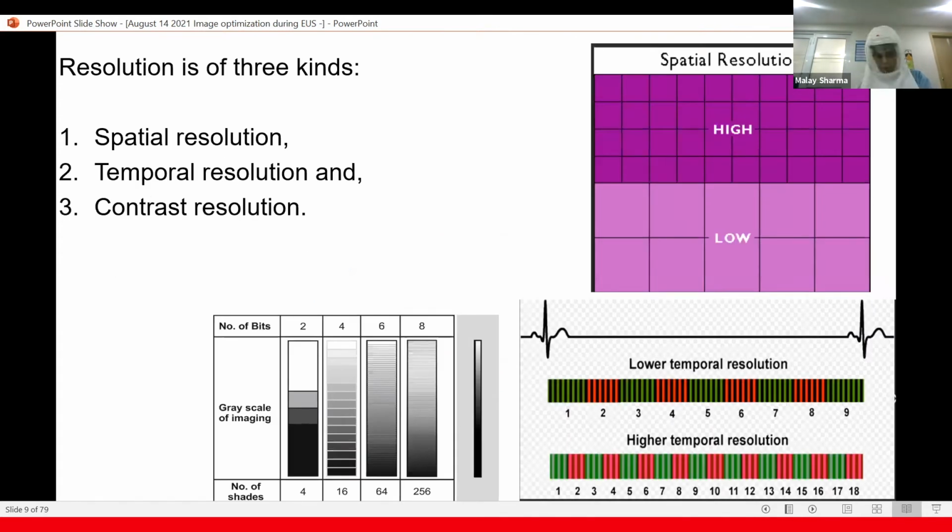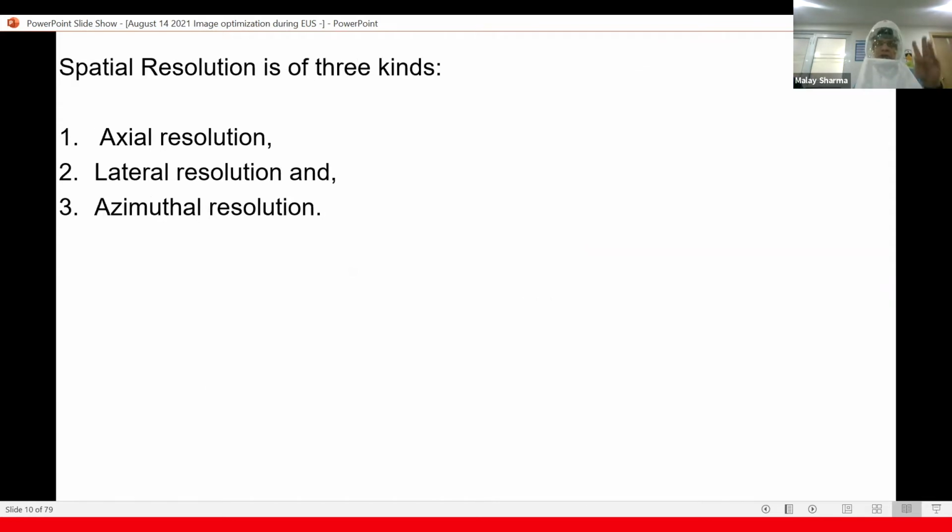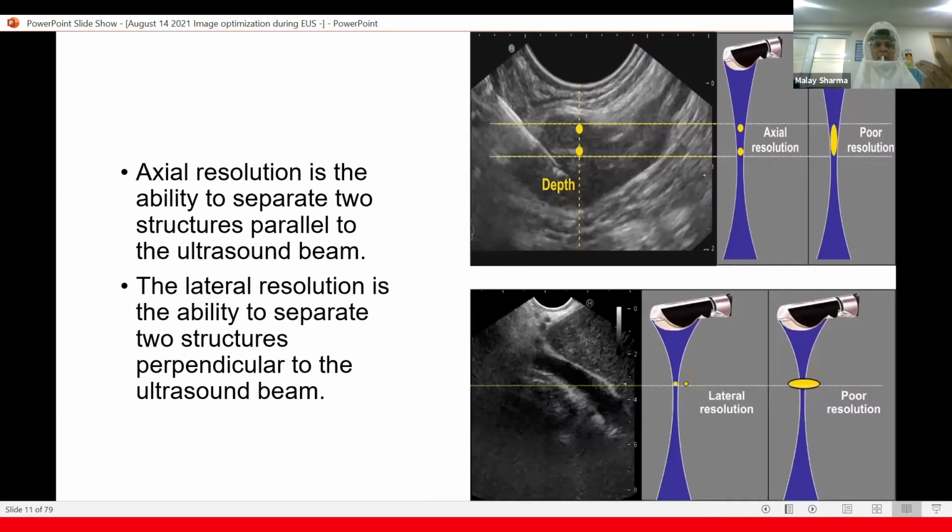The resolution is of 3 kinds: spatial resolution, temporal resolution, and contrast resolution. The spatial kinds are axial resolution, lateral resolution, and azimuthal resolution.